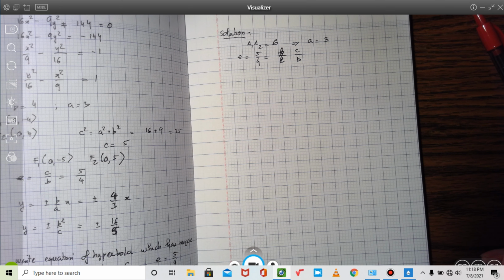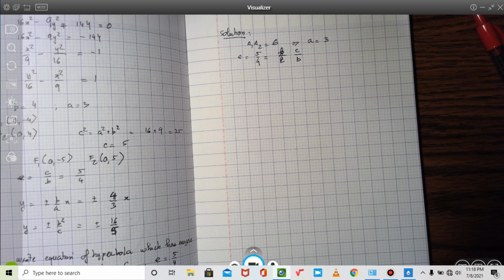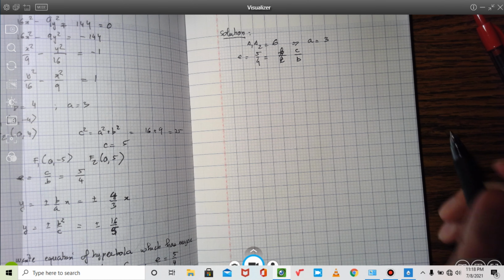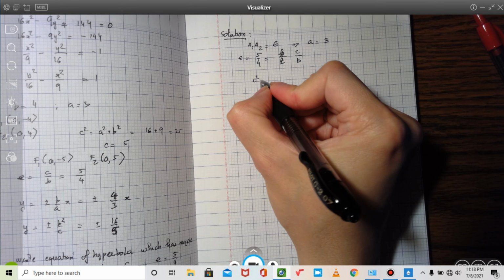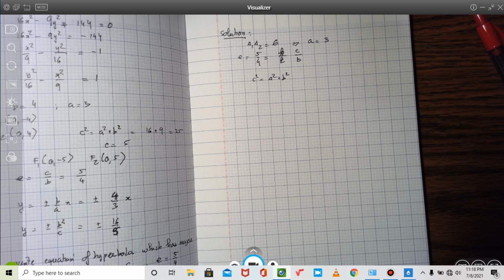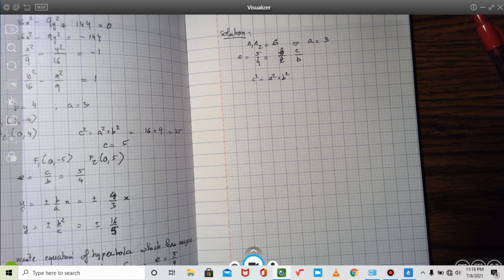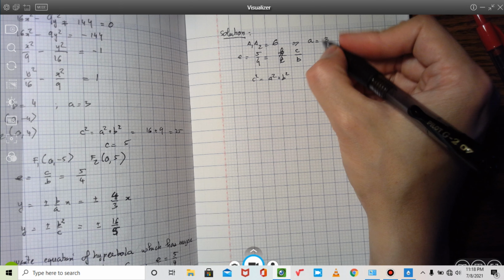So from here, what do we get? c over b, okay, we cannot get anything. However, we know the relationship: c squared equal to a squared plus b squared. So from here, I can get c.